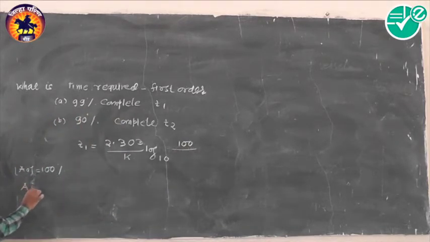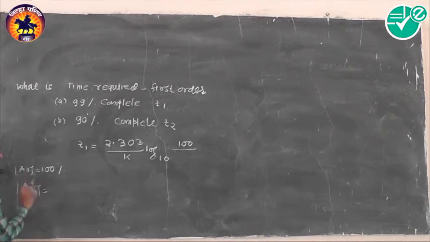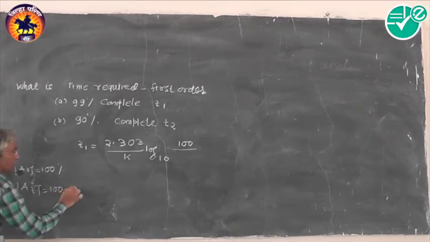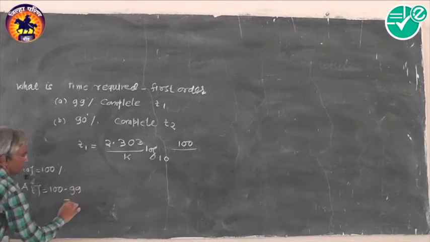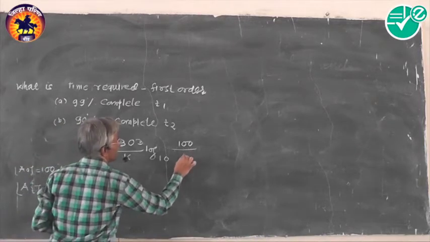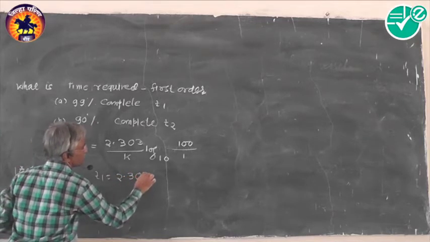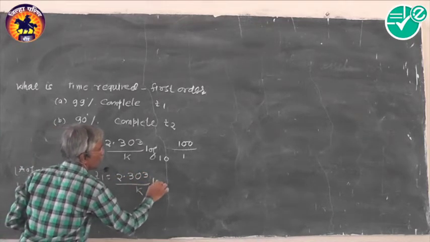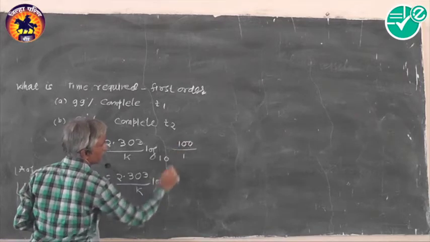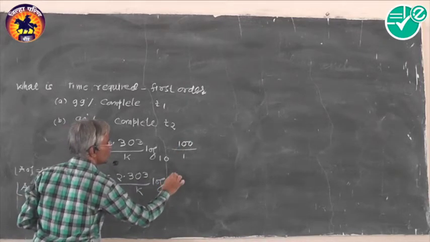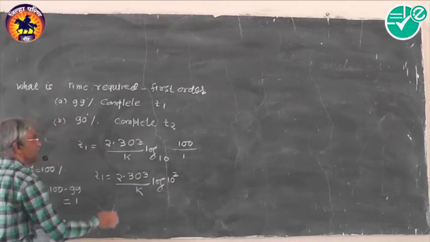That means the concentration left behind, a, will be equal to 100 minus 99, which is 1%. That means this equation will become T1 equal to 2.303/K log of 100, that means log of 10 raised to 2, that is 100.